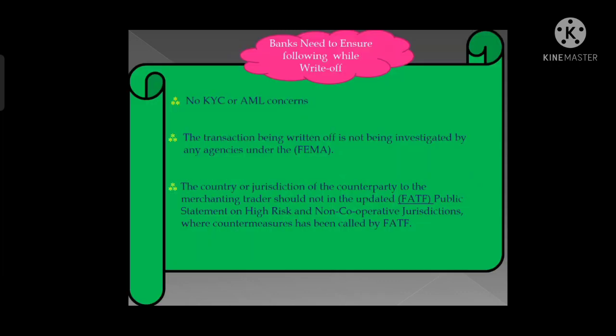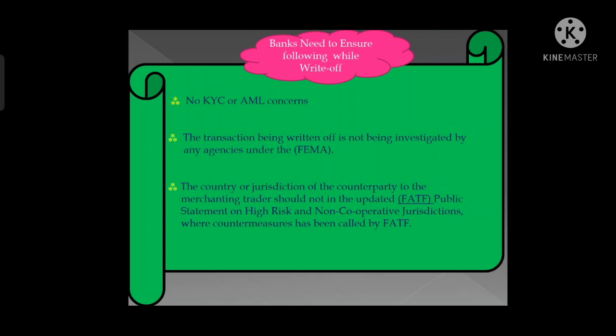What does the bank need to ensure while receiving a write-off request for the unrealized export leg? Whenever a merchanter has requested a write-off of his unrealized export leg amount, the bank needs to ensure that KYC is in place for that merchanter and that no AML concern has been raised in the past against that merchanter.